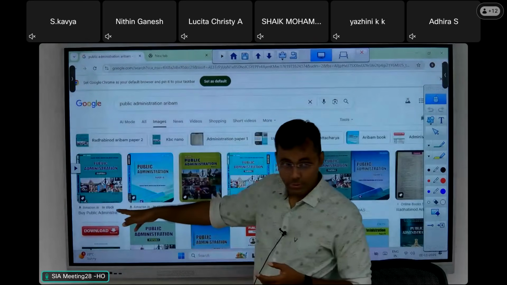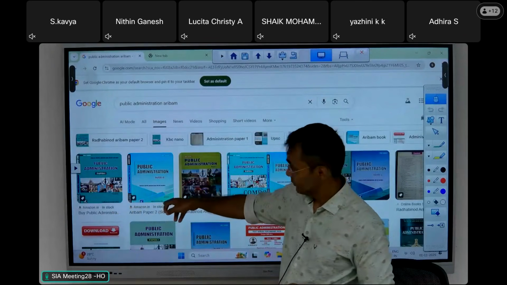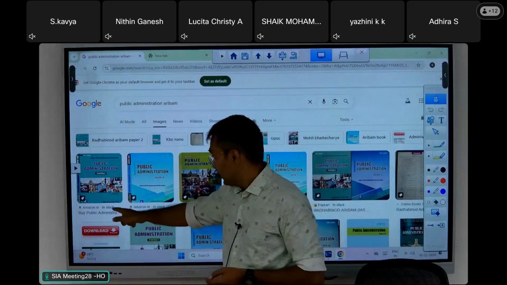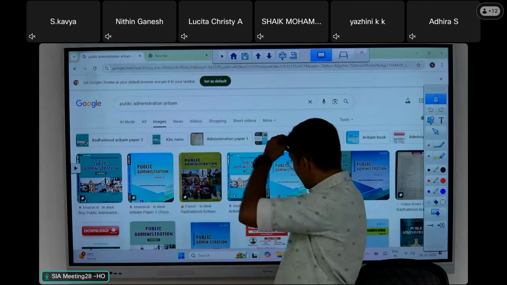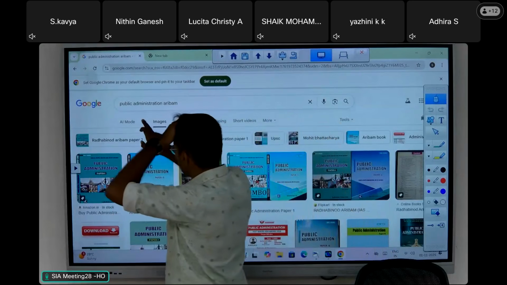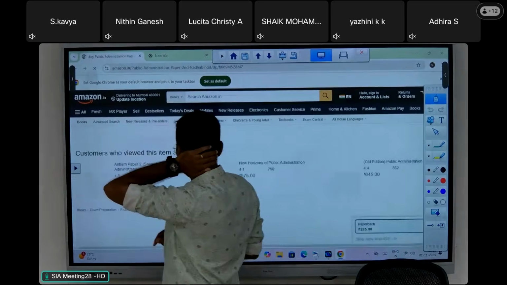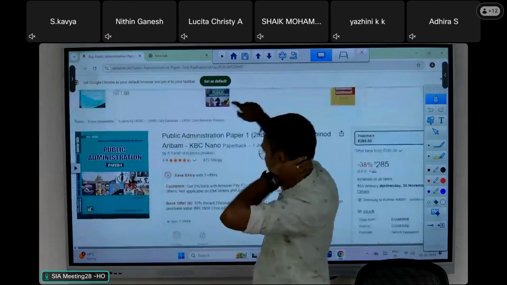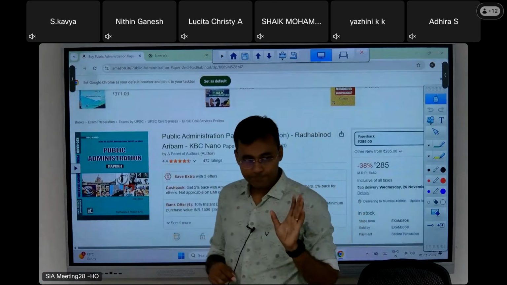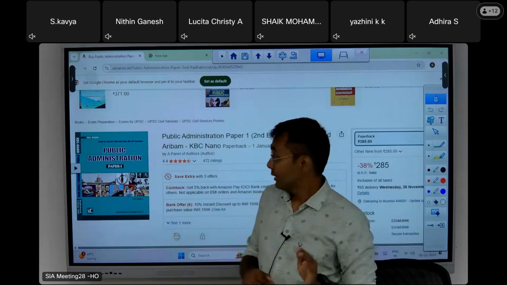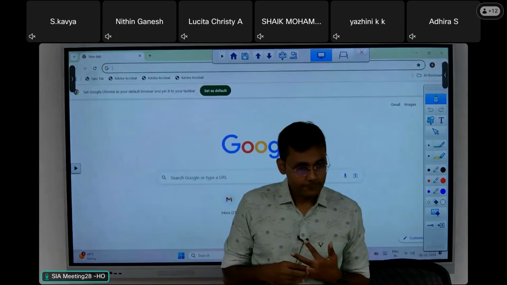You get this book like this. Paper 1, paper 2. This is the cover of it. It's a book written by an IAS officer. It's a guide. To understand what this guide is, you are studying polity, correct?